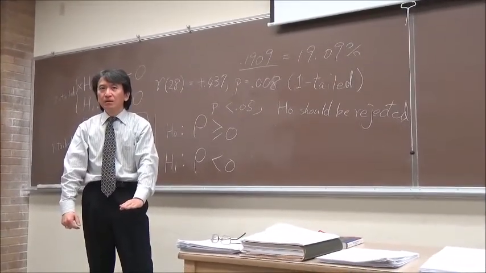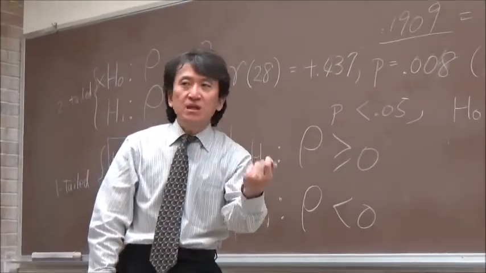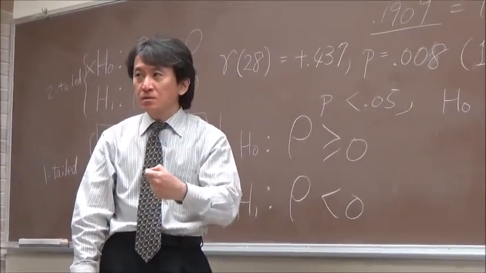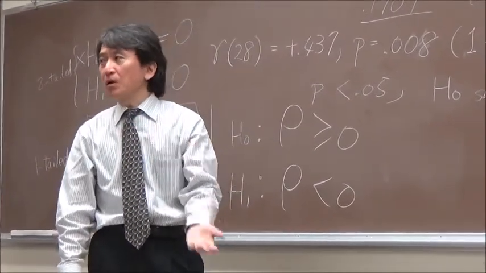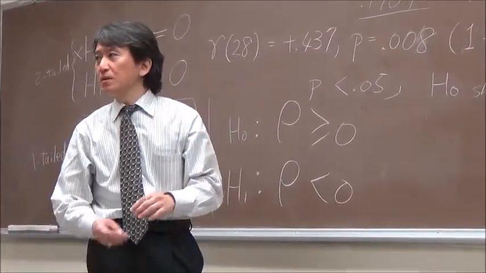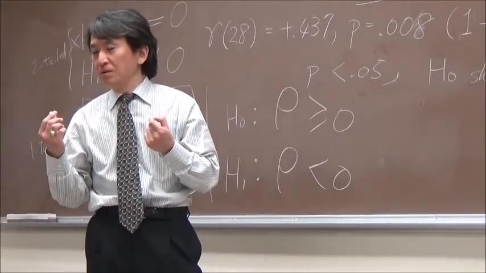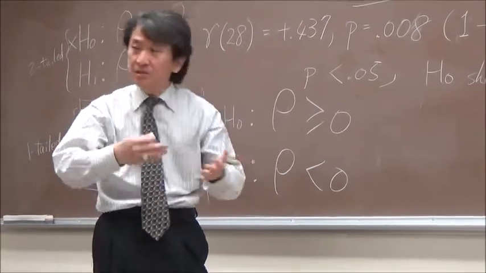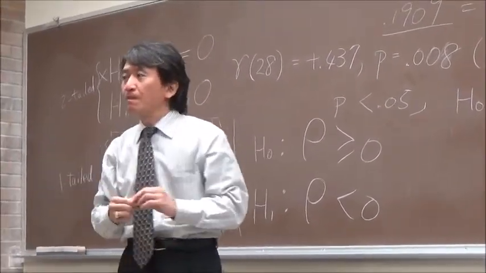So for science to progress, it's always better for us to aim for more statistical power, which means a one-tailed test, if we can construct a hypothesis in the sense that we are talking about direction.